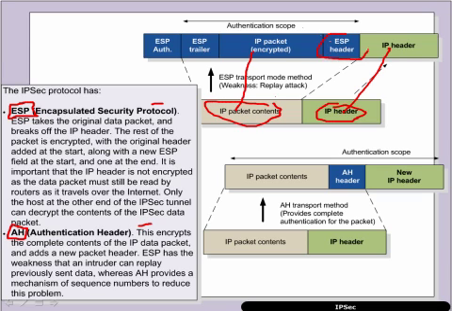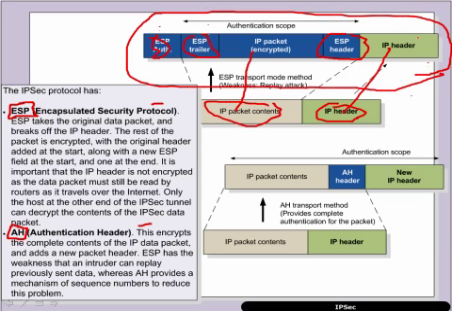An ESP header is added and a trailer, some authentication is added, and the data packet is resent. So you can see here that the original IP header is still here. This will provide both encryption and also this does not have authentication, so it could be involved in a replay attack.